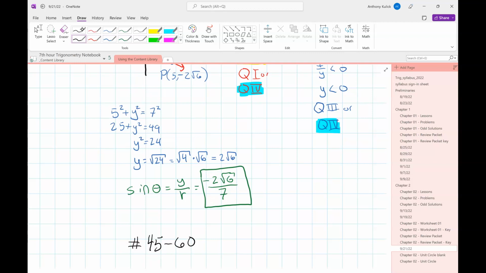The following class we'll do the review, and then we'll be taking the test. What's today? Today's Wednesday. So we'll be taking the test Thursday next week, I think. So the next class will be review and homework quiz and practice. The following class, which would be Tuesday, review, and then Thursday would be the test.